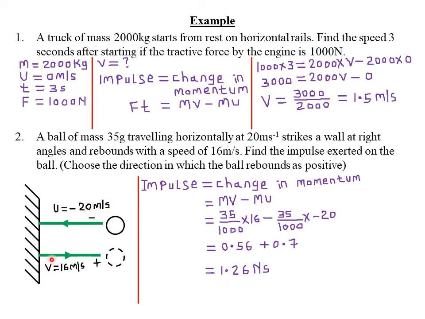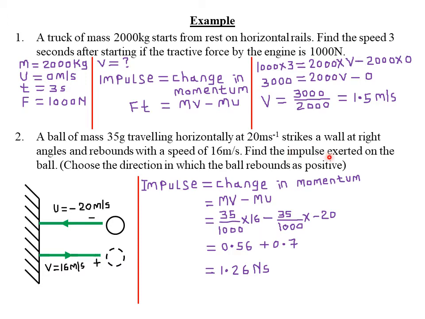If the direction from the wall towards the right hand side is positive, automatically the direction from the right hand side towards the wall must be negative, because remember here we are talking of velocities, and velocity is a vector quantity. Therefore we have to put into consideration both its magnitude and direction.